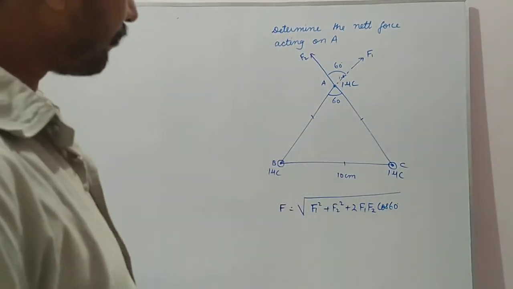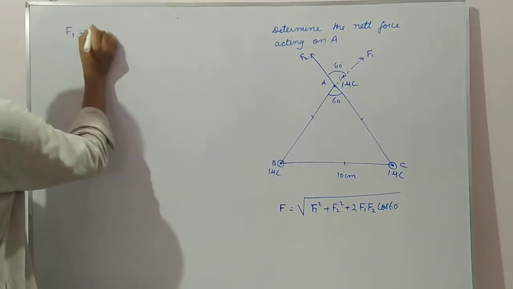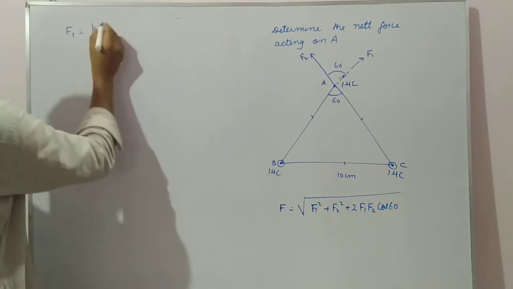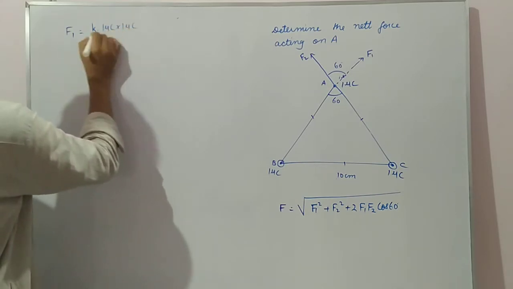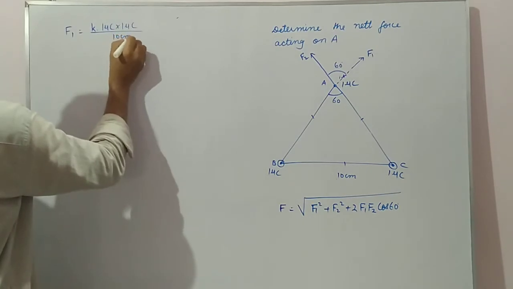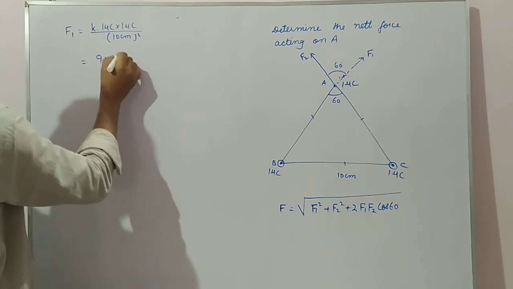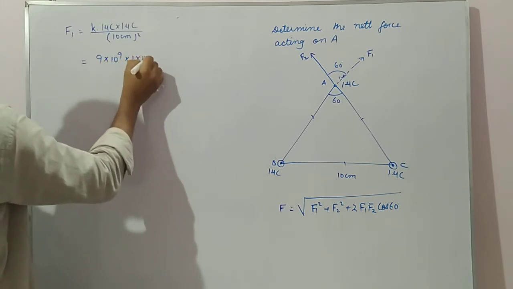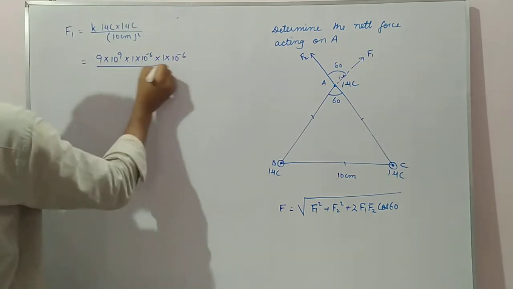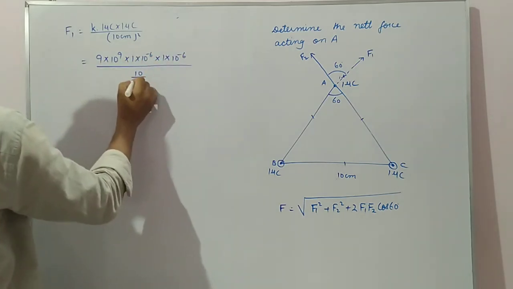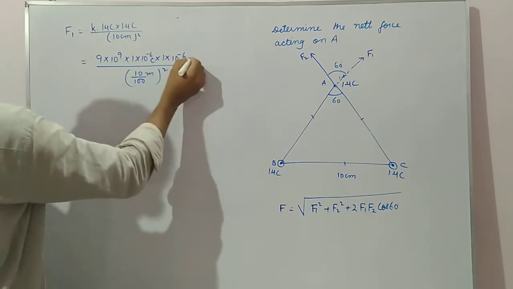Now F1 is K into 1 microcoulomb into 1 microcoulomb by 10 centimeter square. K is 9 into 10 to the power 9, 1 into 10 to the power minus 6, 1 into 10 to the power minus 6, by 10 by 100 meter, the whole square.